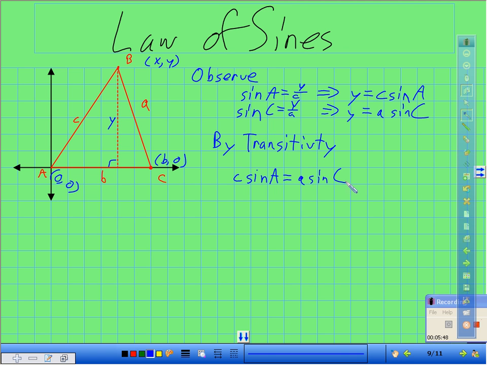If I wanted to group these, I can divide both sides by a and c, and sure enough, I'll get the sine of A over a is equal to the sine of C over c.